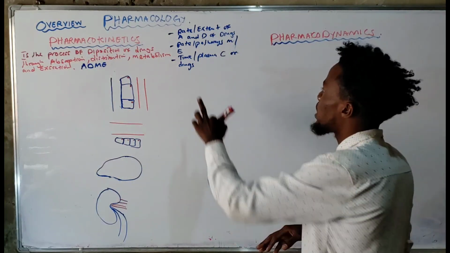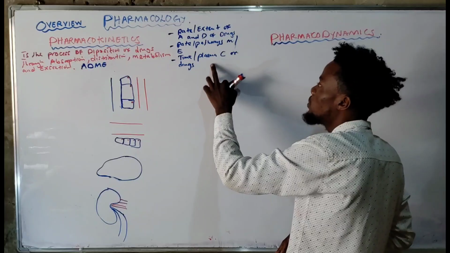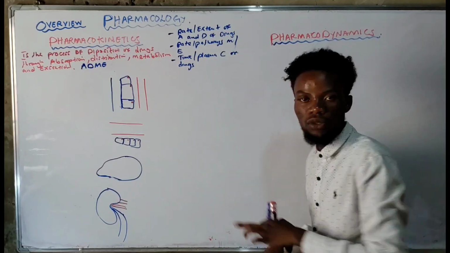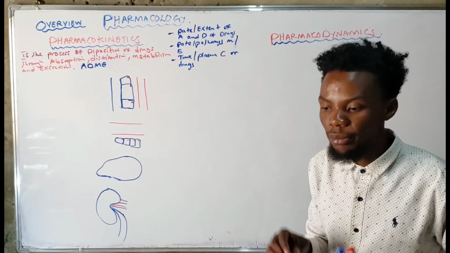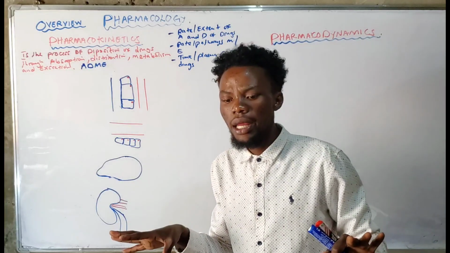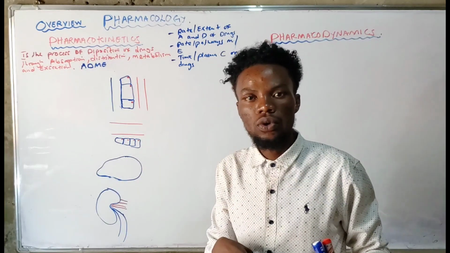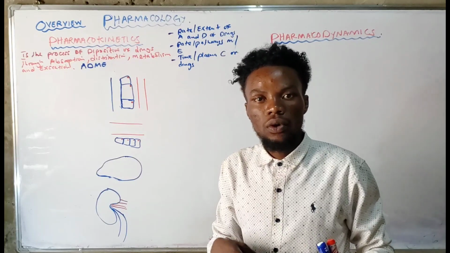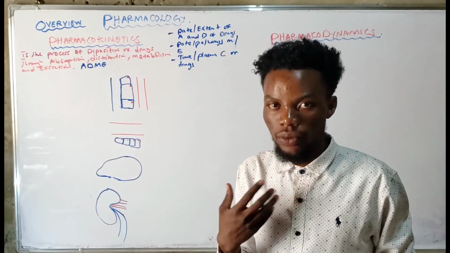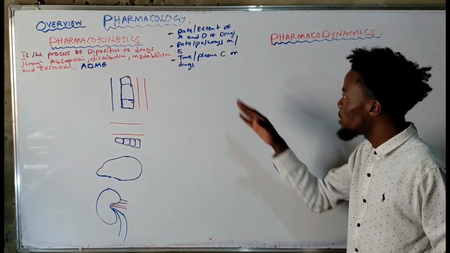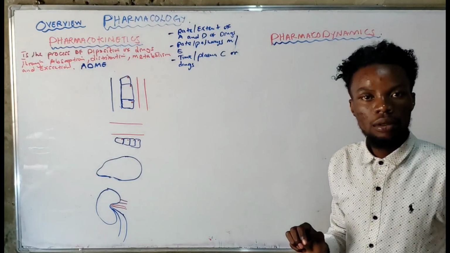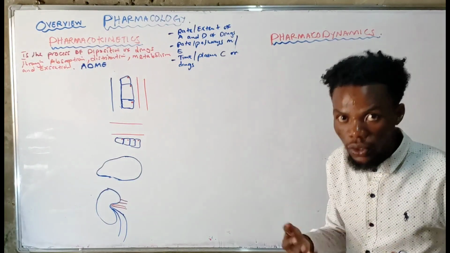Okay, then the last one is what? Time and plasma concentration. Because if you give a drug, you expect the plasma concentration of that drug to be increasing like that, because you are giving it by any route, either oral route or PO, intravenous or maybe intramuscular. We'll come and talk about the route of administration. Whichever route, it will tell you the plasma concentration, but the time taken to reach that plasma concentration is also important.